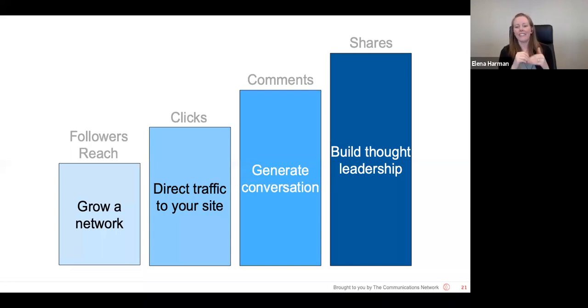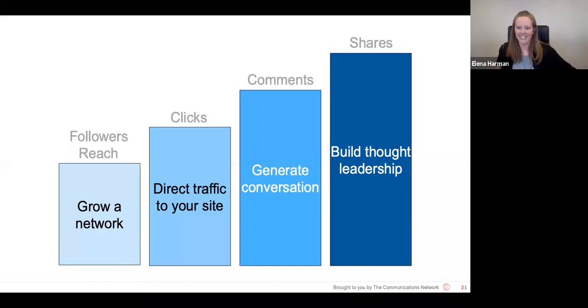And then shares are an even higher level, because then they are putting their reputation behind your brand. So you can think of this as escalating asks, and you might want to think about the maturity of your organization and what's really appropriate to be focused on in that time.